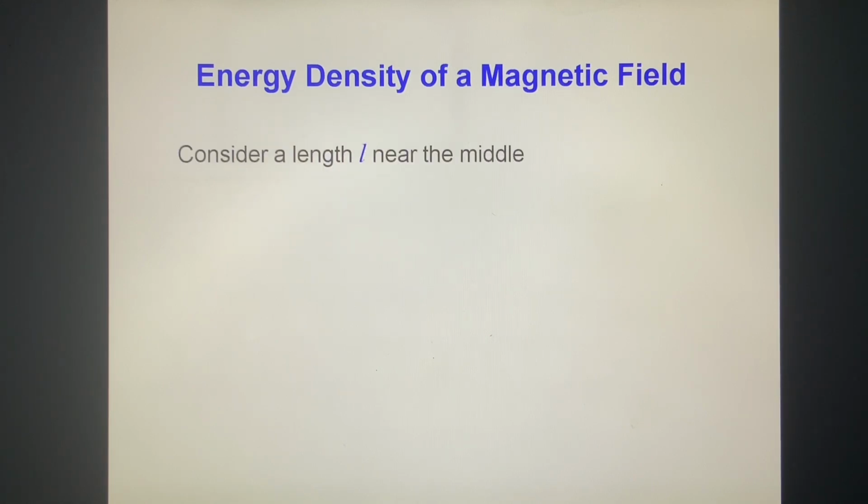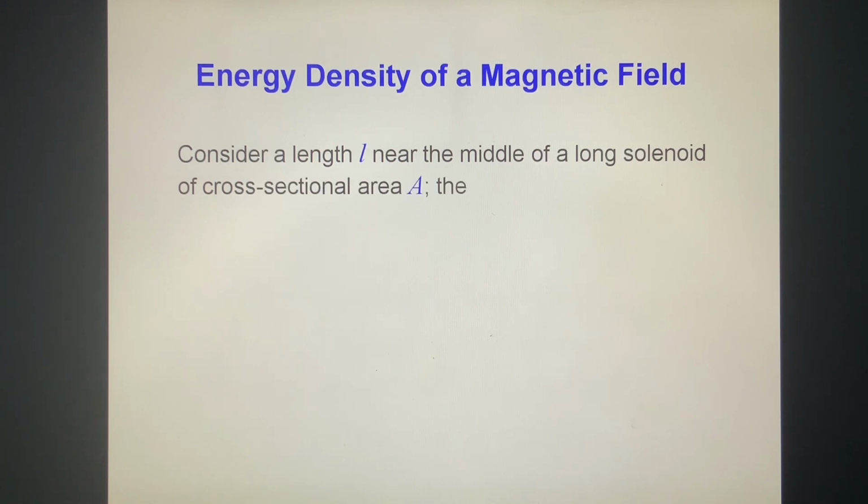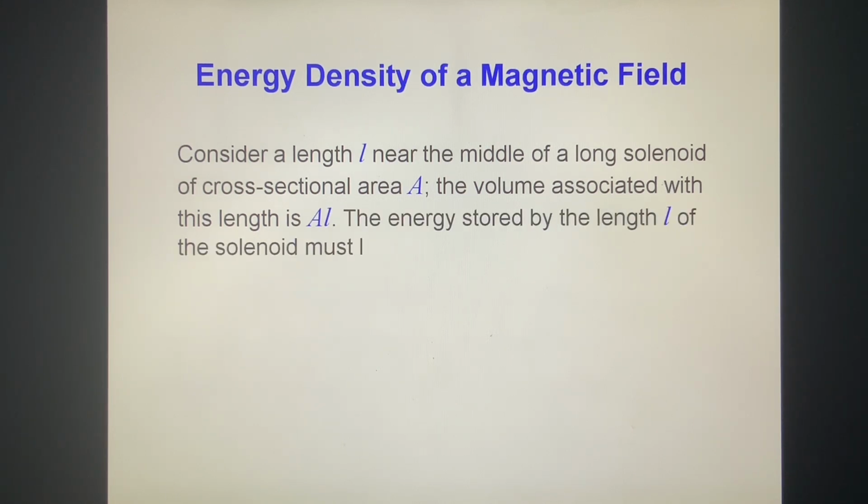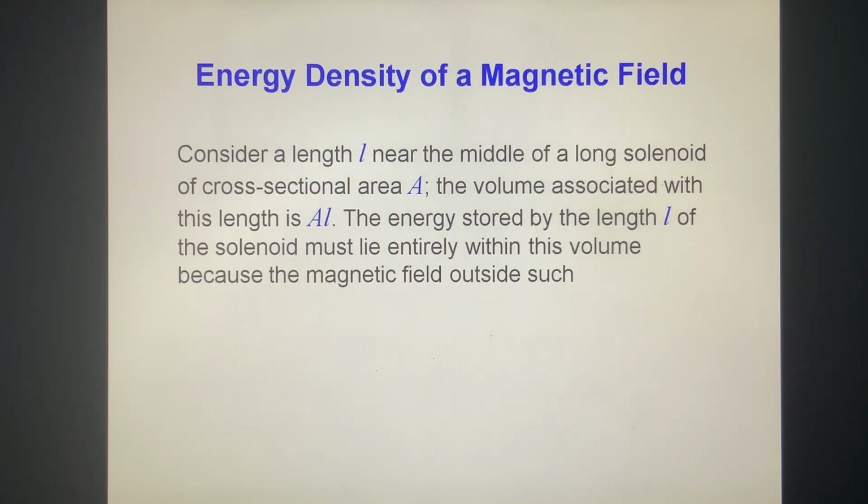Energy density of a magnetic field. Consider a length l near the middle of a long solenoid of cross-section area A. The volume associated with this length is A l. The energy stored by the length l of the solenoid must lie entirely within this volume, because the magnetic field outside such a solenoid is essentially zero.